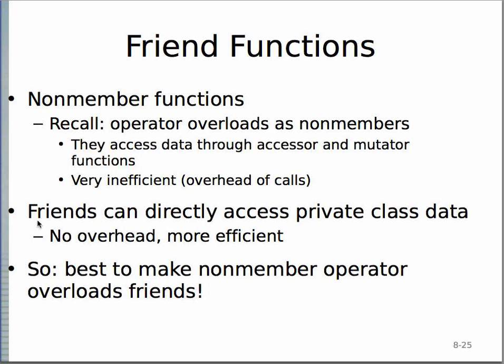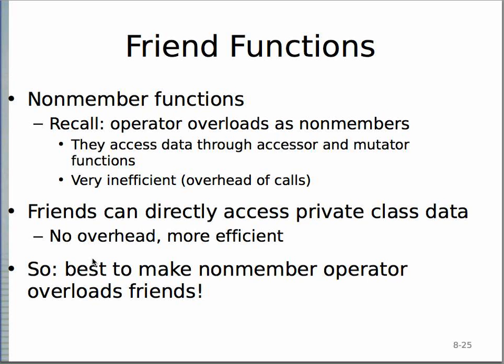So instead of that, what you can do is set up functions and say that these are friend functions, and what that allows us to do is allows those functions to access data members directly without the overhead of function calls. This makes these friend functions much more efficient than non-friend standalone functions.